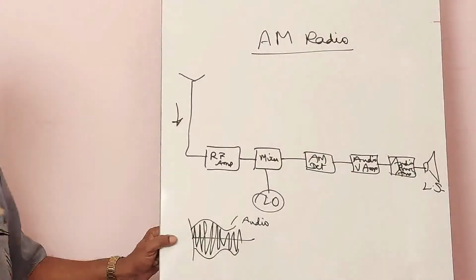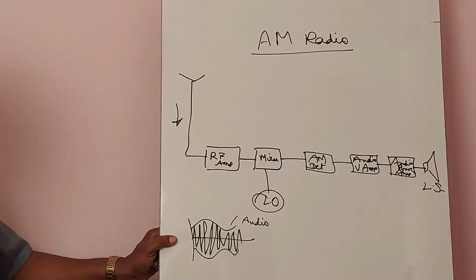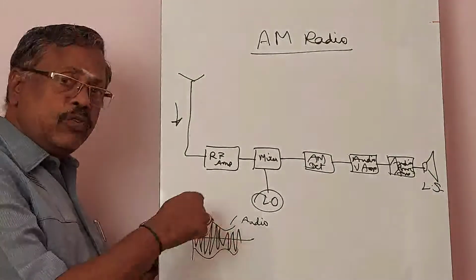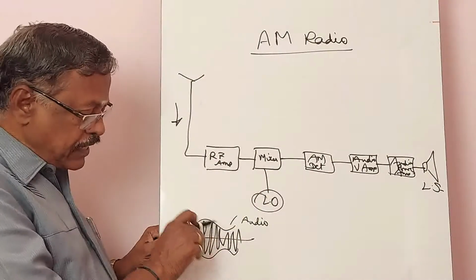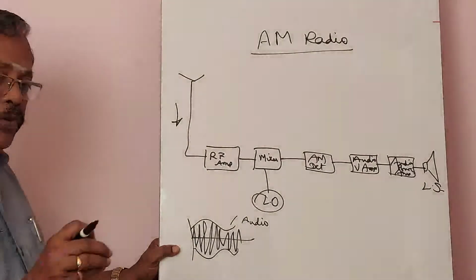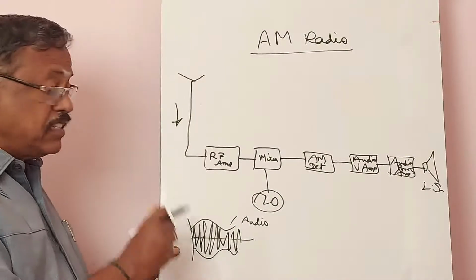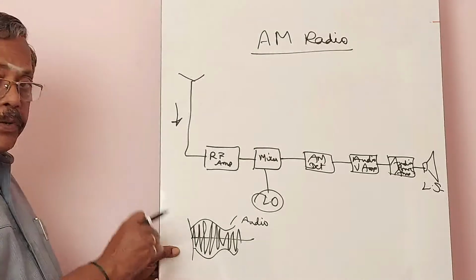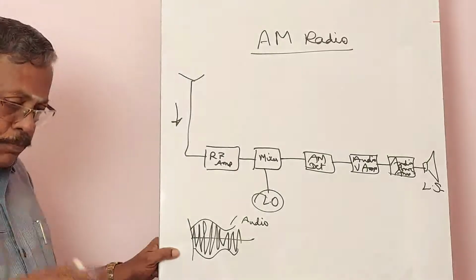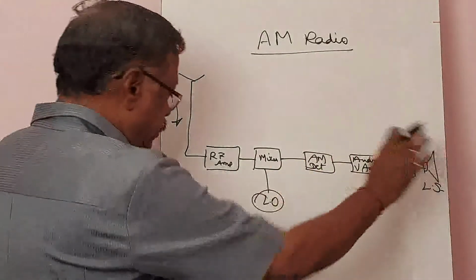The envelope is the one we are very much interested in, and within that there is going to be a very high frequency signal that carries the actual information. As I said previously, amplitude modulation is a process in which the amplitude of the high frequency carrier is changed in accordance with the amplitude of the modulating signal. The modulating signal is what we speak, what we expect after our loudspeaker.